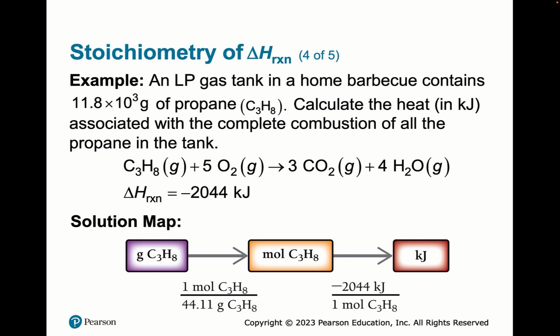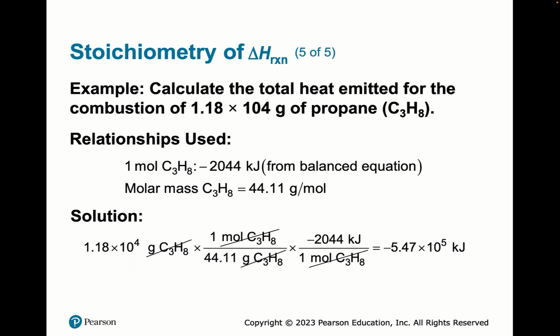So how much energy are we going to get from burning 11.8 kilograms of propane? We start with mass of propane, go to moles of propane, and then from moles of propane we can go to the heat of the reaction, and we can stop right there. So this is going to be a pretty easy problem.